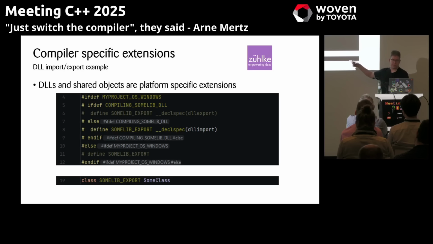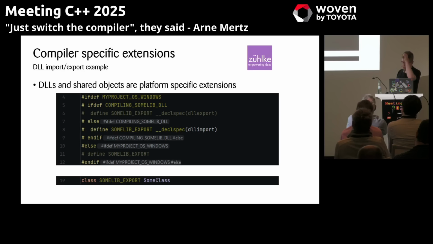And on Linux, you don't care. You don't do this because you don't have a DLL, so you have shared objects. There are other things to hide symbols that you don't export on Linux and similar things. And there are CMake flags that you can use to generate these export DLL headers and stuff like that. But this is a very common example that people have when writing DLLs.